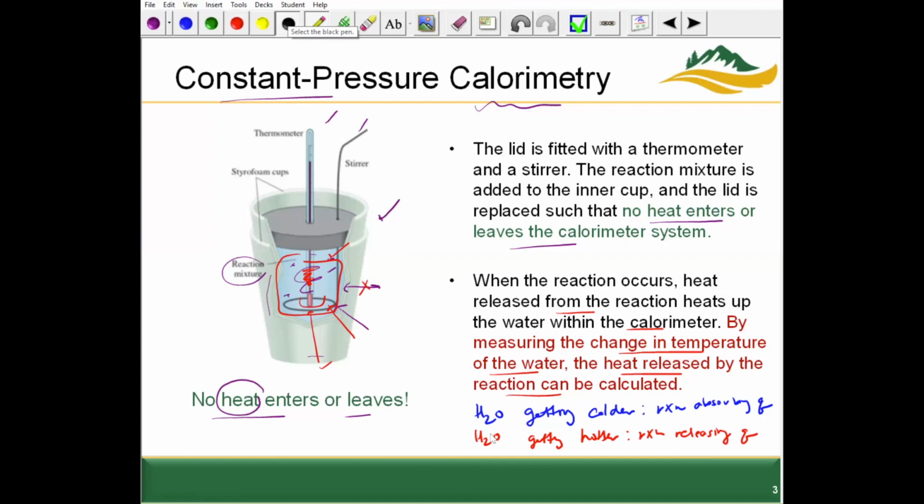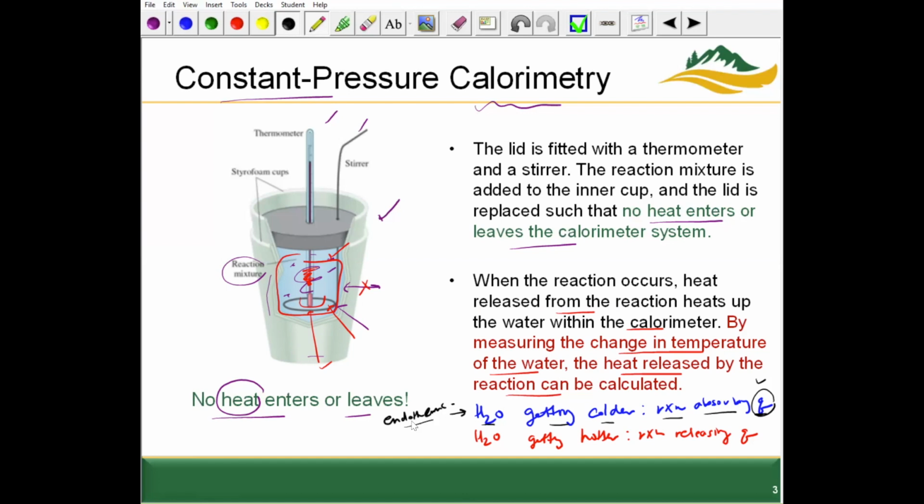As mentioned, if the water is getting colder, that means the reaction itself is absorbing some of the heat from the water. What kind of reaction absorbs heat? And remember, heat is represented by Q. That was first mentioned in part 1. So this is an endothermic reaction.